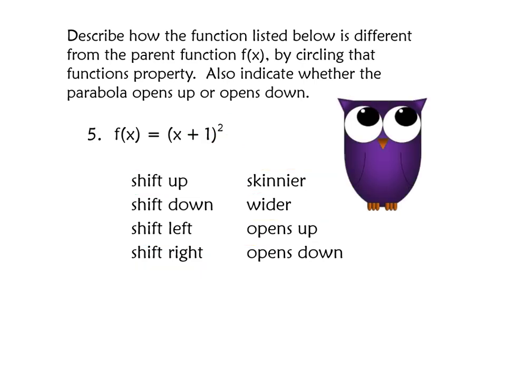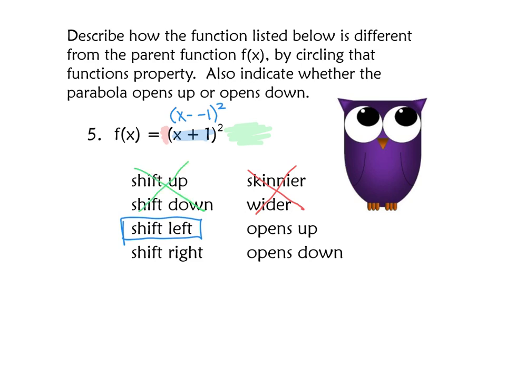For example 5, there is no A value out in front, so this does not get skinnier or wider. My H value is a +1, so remember again, the formula is x minus, so this is really a -1, which means it shifts left. There's no K value out here on the end, so this does not shift up or down.